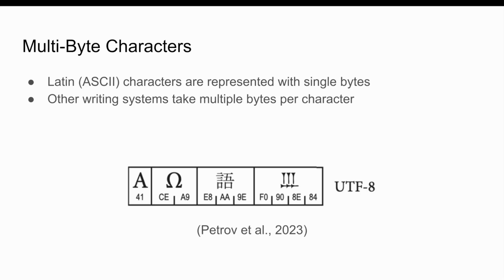So here's a schematization of that. Your Latin A just has a single byte. A Greek letter might need 2 bytes per character. Chinese characters often take 2 or 3 bytes, and then ancient writing systems and emojis generally require 4 bytes per character.